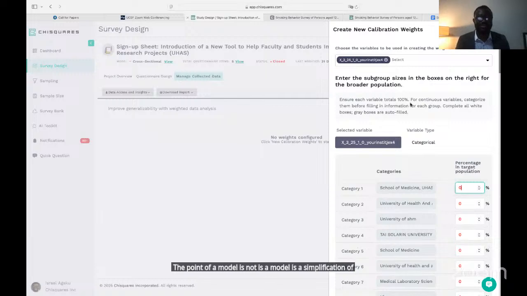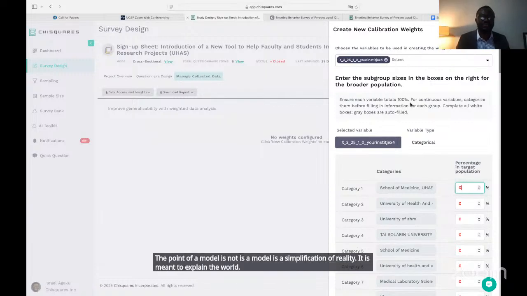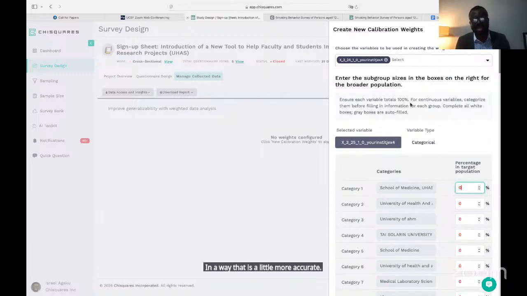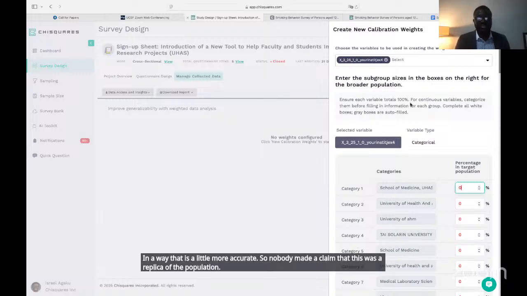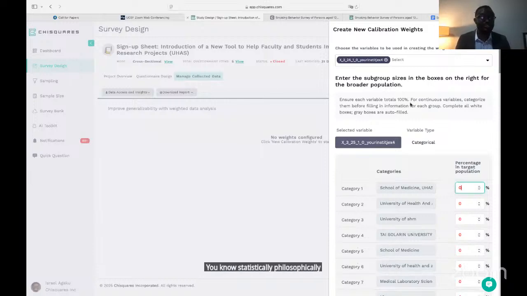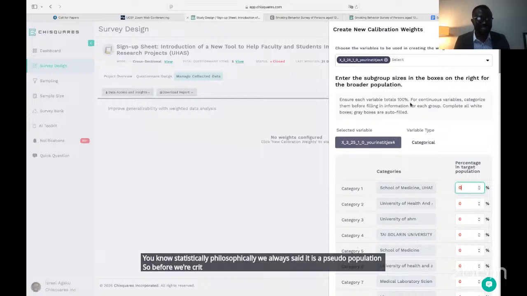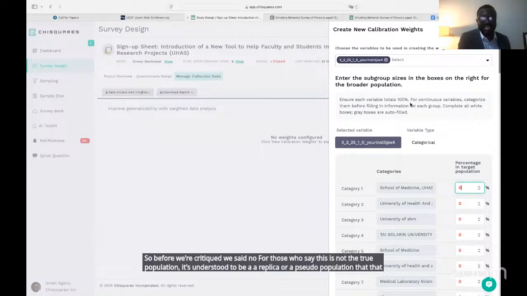It is meant to explain the world in a way that is a little more accurate. So nobody made a claim that this was a replica of the population. Statistically, philosophically, we always said it is a pseudo population. So before we were critiqued, we said no. For those who will say this is not the true population, it's understood to be a replica or a pseudo population, something that looks like the population, but it's not the population.